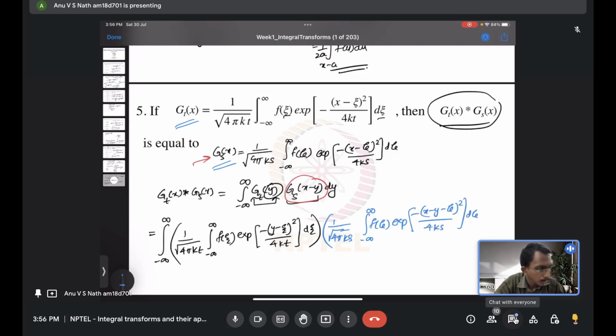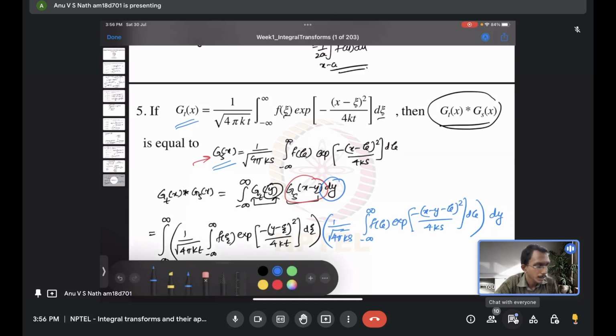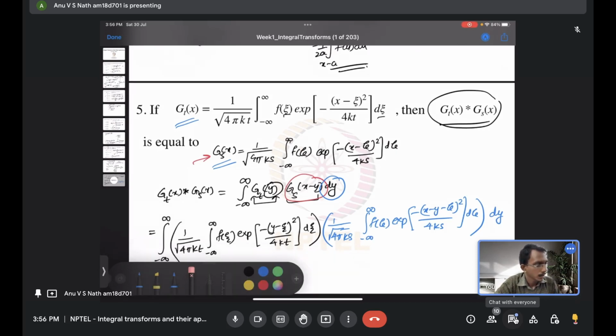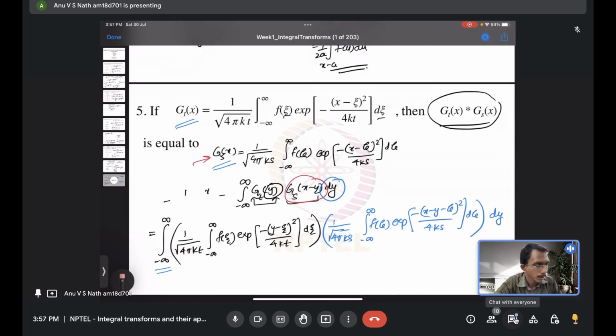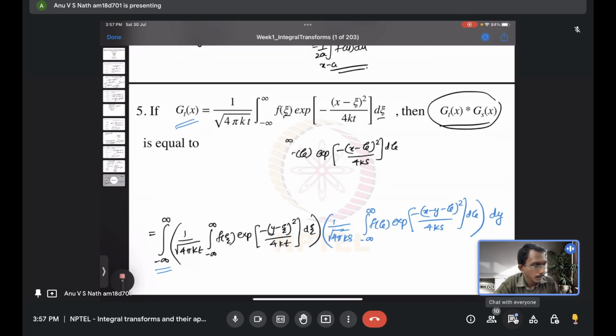So that also we wrote. Now finally, don't forget to put this dy that we had from the outer integral. So in total we have 3 integrals here. This may look a little complicated, but we can work with this and simplify it. I don't have enough page after this, so I will remove some of this and write things here itself.